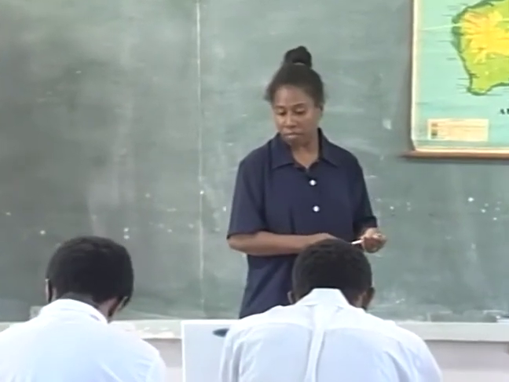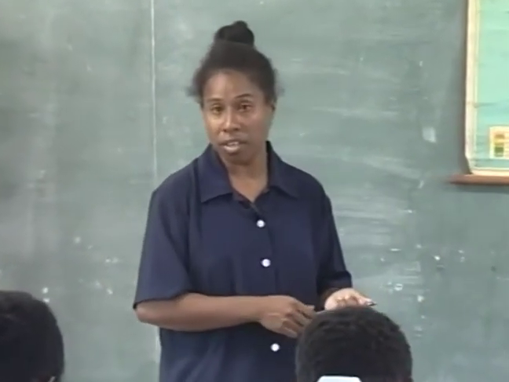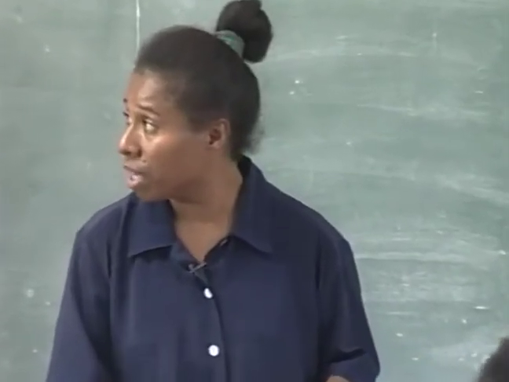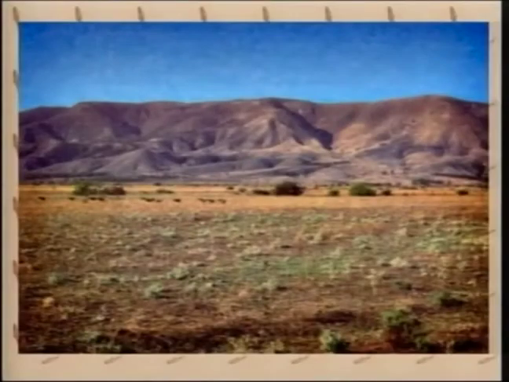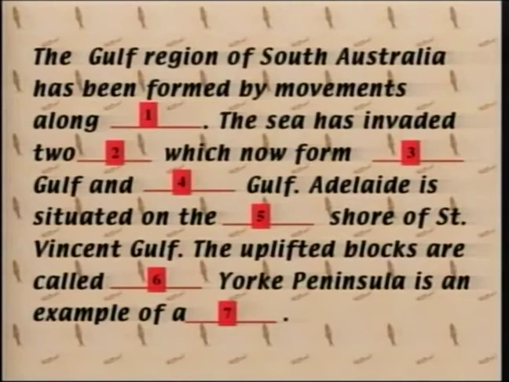You have a photograph showing some of the uplifted areas from that region. Okay, your task, exercise 17, fill in the appropriate words that would go in those blank spaces. There are 7 spaces. I will give you at least 7 minutes for the completion of those activities.